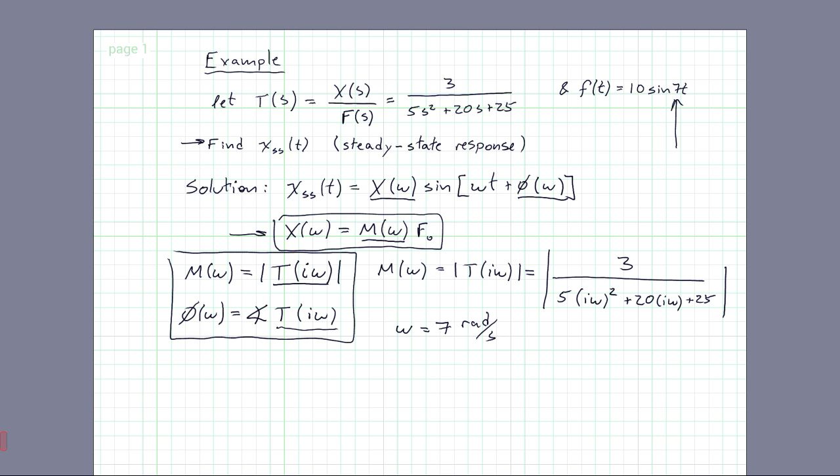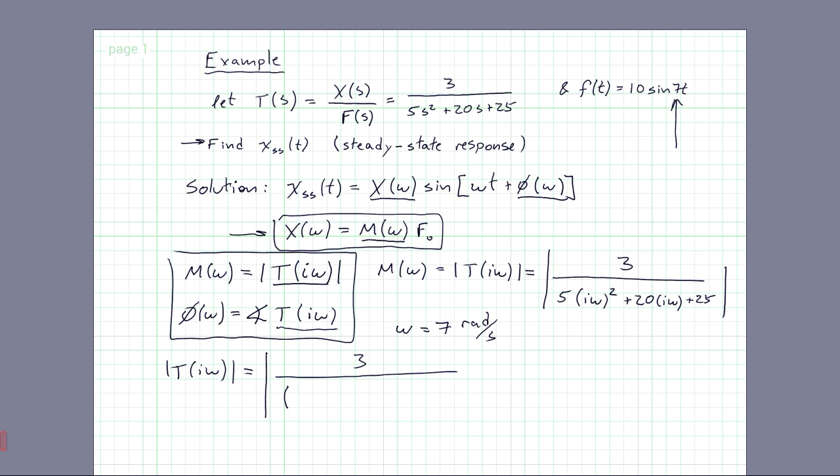So let's plug all that in. The magnitude of T(i omega) is basically going to be the magnitude of 3 divided by... okay, so I'm just going to do it out, but you should be able to do this math. i is the square root of minus 1, so I'm going to do some algebra here.